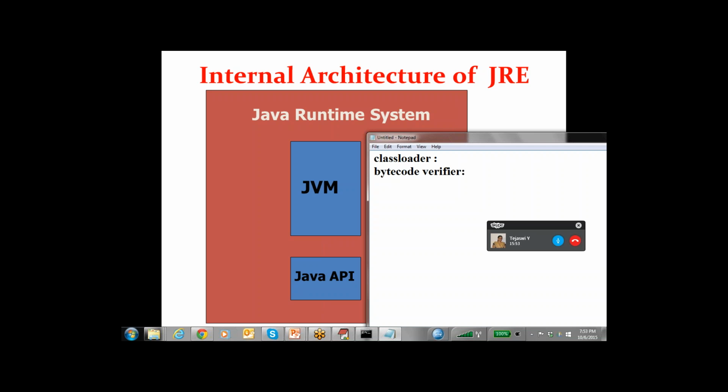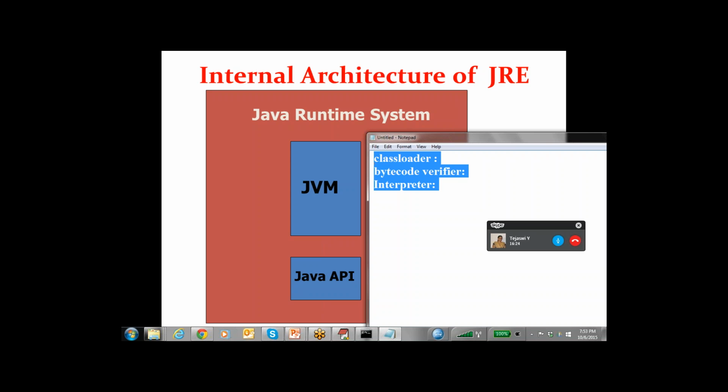The next is the interpreter. The interpreter takes the .class file and converts it into native machine code, that is in the form of zeros and ones, as we have seen. Of the JVM components, these are the three main important ones: class loader, bytecode verifier, and interpreter.